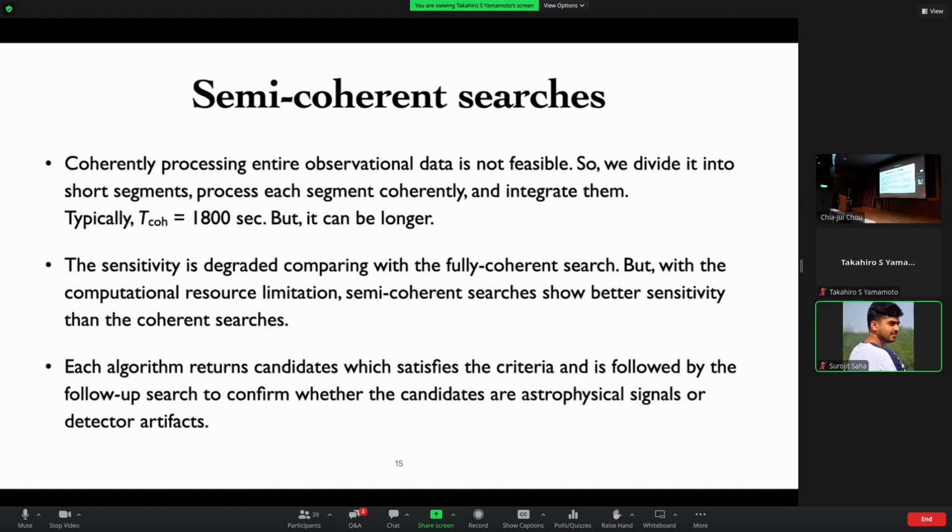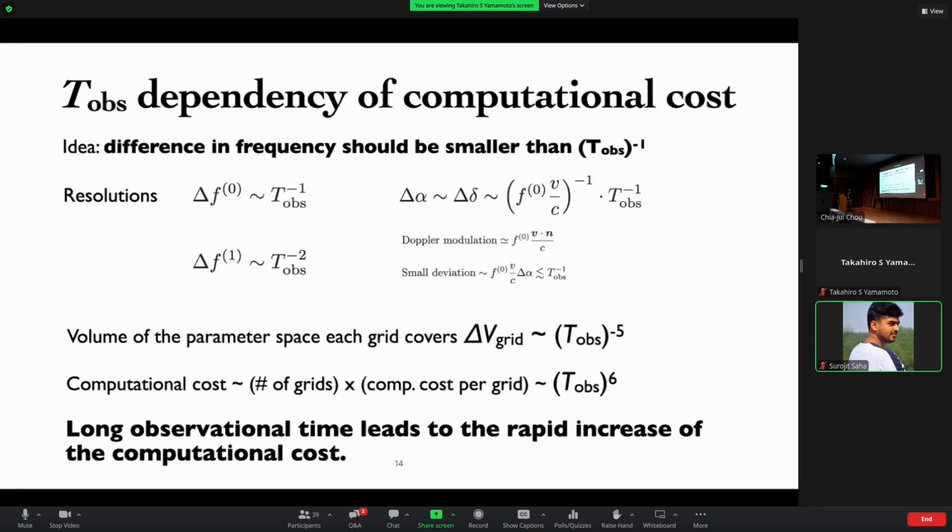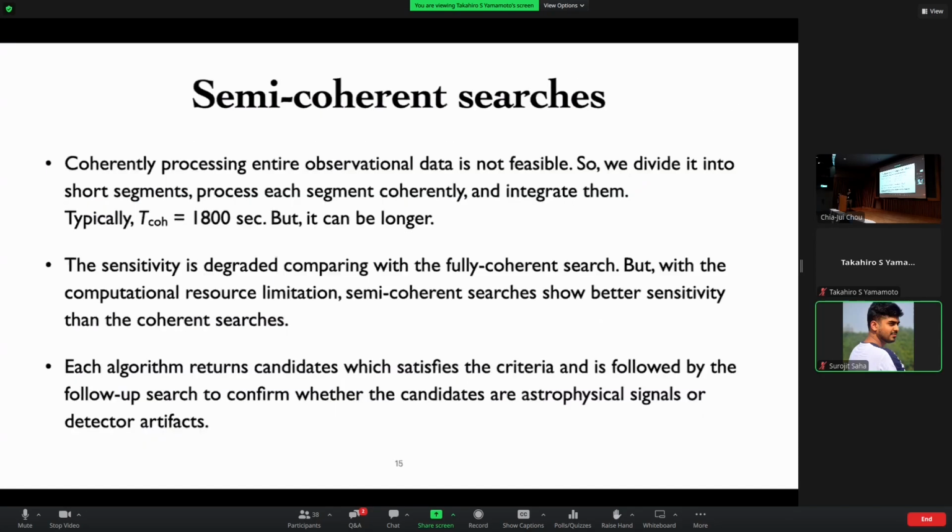In this estimation, we assumed that we treat the whole observational data at once, but usually we take different approaches, like the so-called semi-coherent search. In this search, we divide the strain data into short segments, process each segment coherently, and after that integrate them.